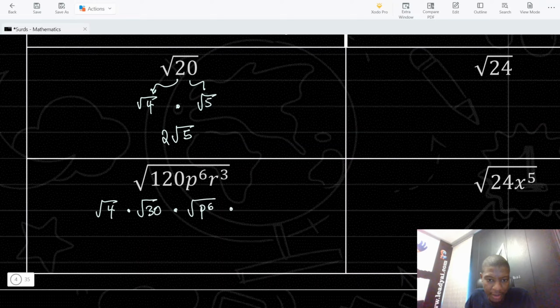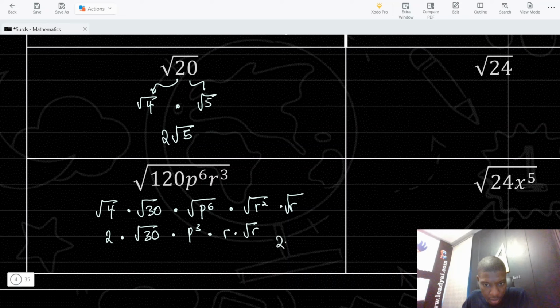But for r cubed, I'll break r cubed into r squared times r, because r squared times r gives you r cubed. This gives you 2 times root 30 times p cubed times r times root r. So when you combine everything that is outside and everything that is still inside, you would have 2p cubed r, then the square root of 30r.